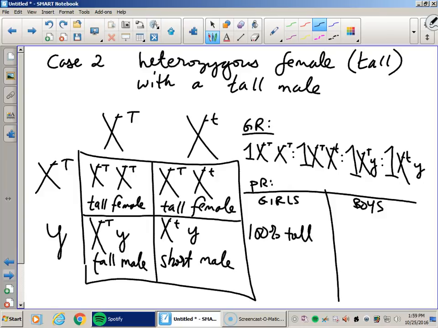But if you're male, what's your probability? That's right. We don't have to say male because we set it up in there. 50% chance that you're a tall male, 50% chance that you're a short male. Okay? So that's case 2.